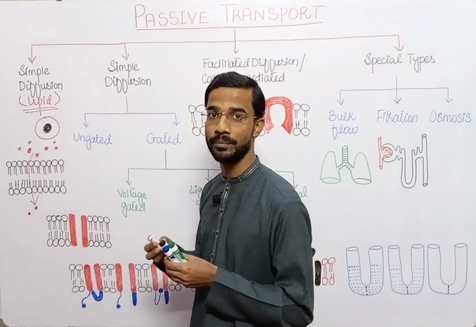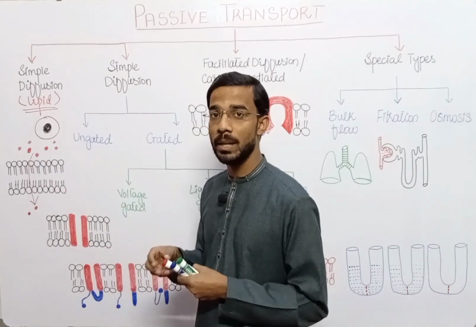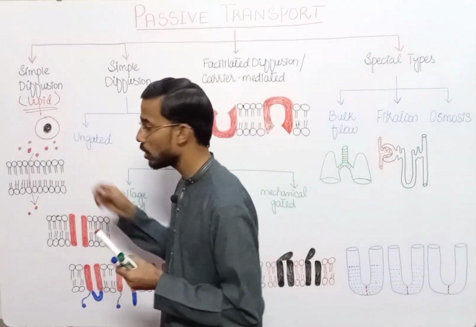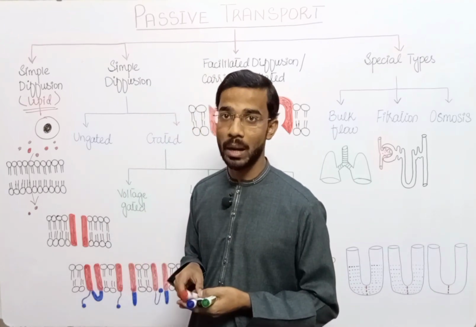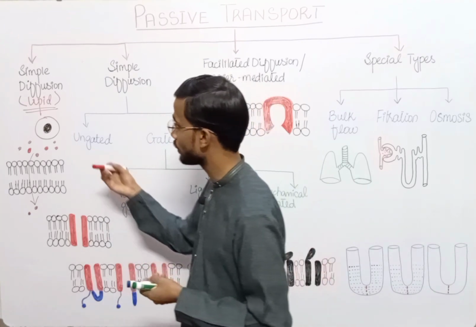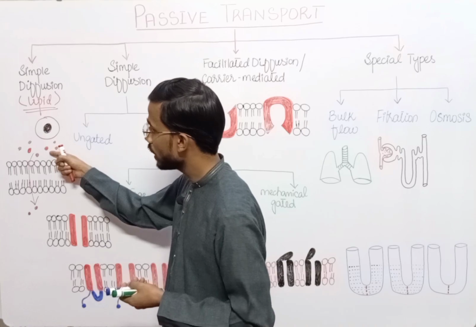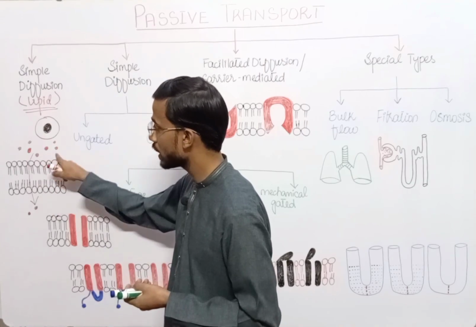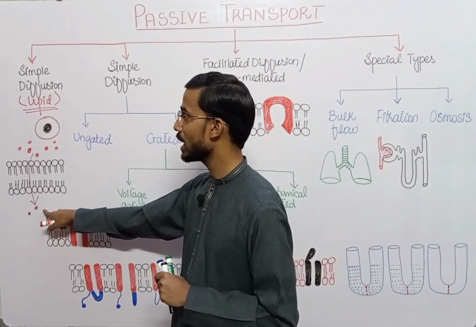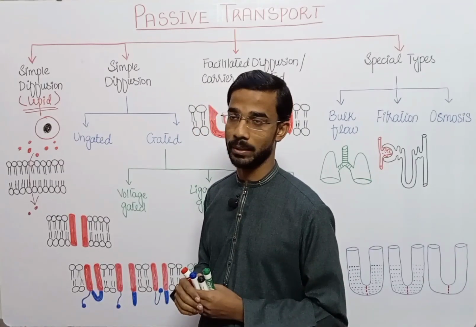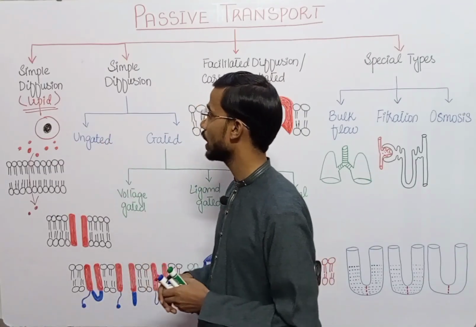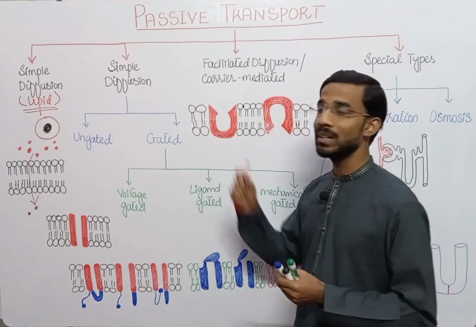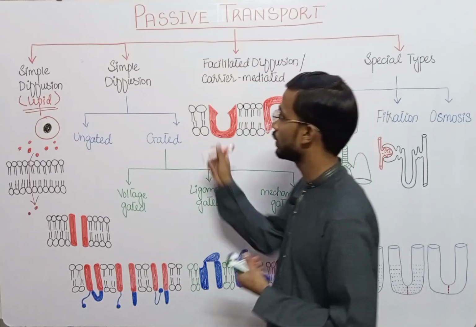Those molecules can cross the lipid layer which are soluble in the lipids, like carbon dioxide, etc. So these molecules can move from the higher concentration to the lower concentration, and this is called the simple diffusion through the lipid.